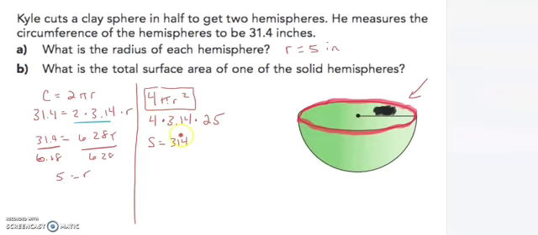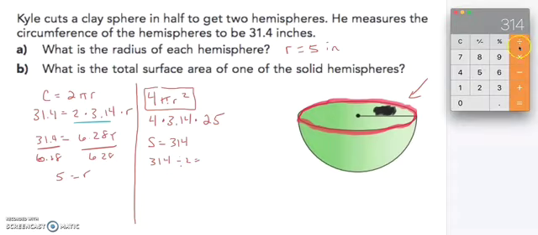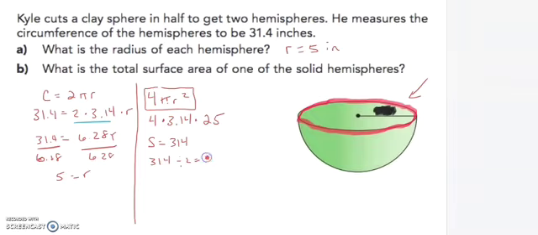Since this represents a full sphere, we do 314 divided by 2, and that would be a step in the right direction. Divided by 2 is going to be equal to 157. But now we have to recognize that this 157 still is not the answer.